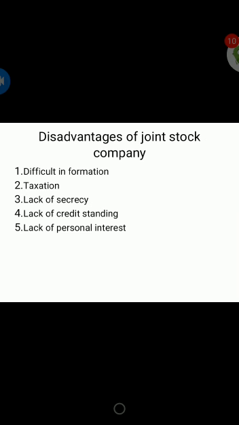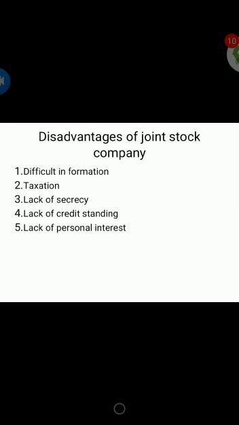In addition, the company must also pay the corporate tax, which will be a burden for the company, right? For profit, it is going to pay income tax. Dividend will be earned, and on that you are going to pay tax. Next, you are going to pay the corporate tax. So tax upon tax. So taxation is one of the disadvantages.